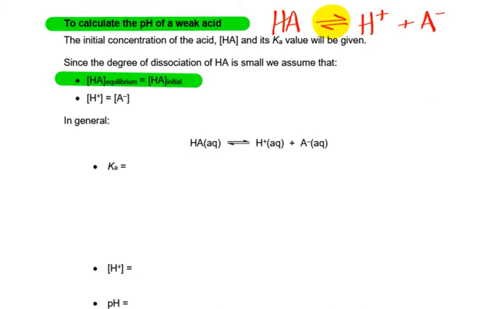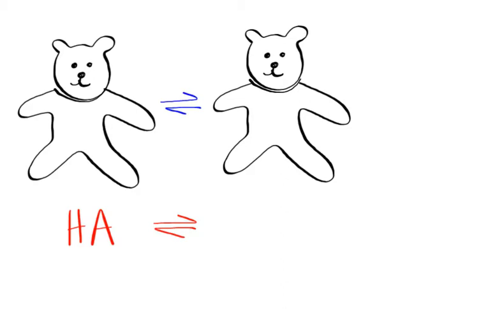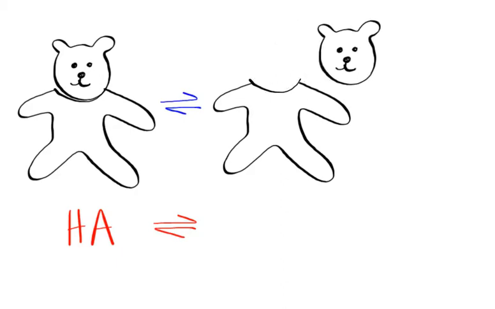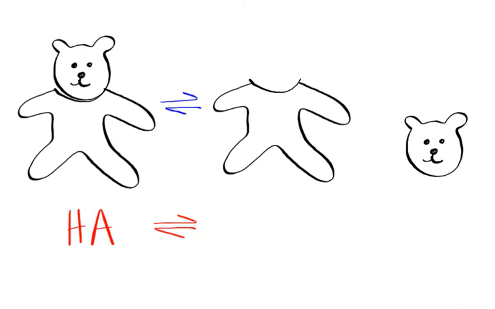The second assumption that we need to make is that at equilibrium these two things are the same. The reason why we can make that assumption, so if we turn our acid into a teddy bear, a badly drawn teddy bear, so when the teddy bear dissociates, so it has a really bad accident, then for each head we will have one body.